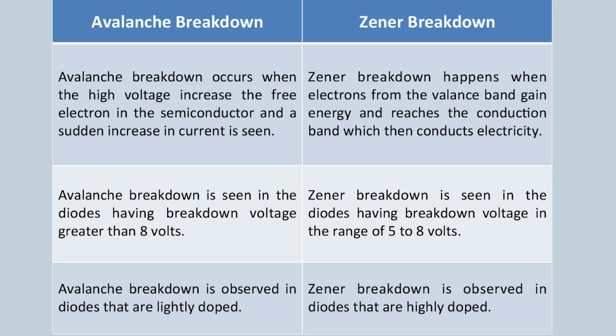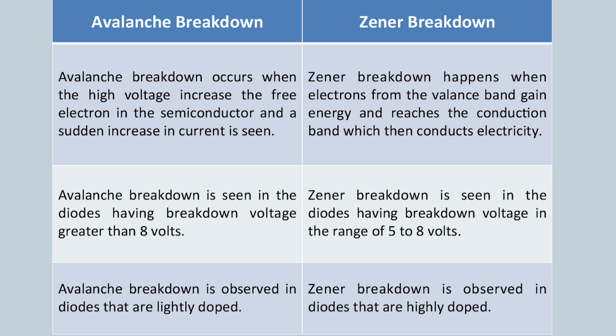Let's discuss the difference between avalanche breakdown and Zener breakdown. So, avalanche breakdown occurs when the high voltage increases the free electron in the semiconductor and a sudden increase in the current is seen.